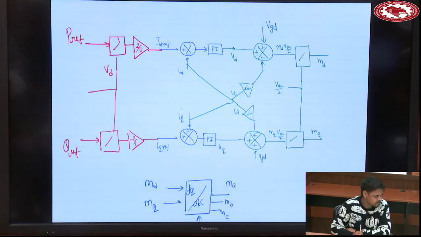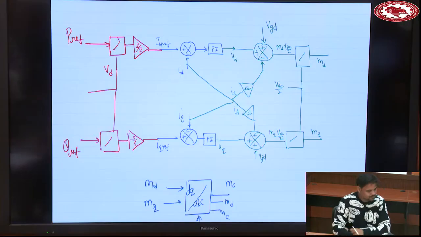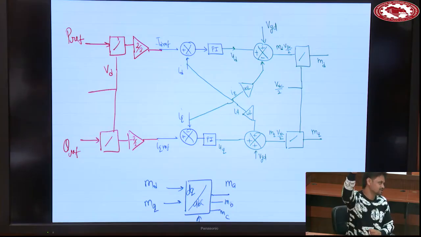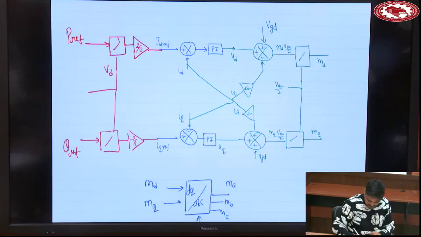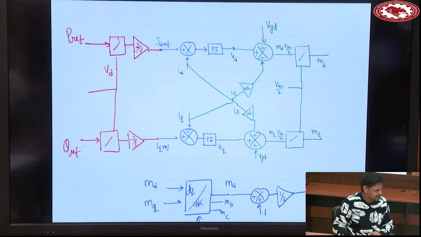And from MA, MB, MC, you can get the duty ratio, because this will be moving between +1 and -1, and you want the duty ratio to be confined to 0 to 1. So you can add +1 and divide by 2, then it will be dA. Similarly dB, dC. This is the average model.